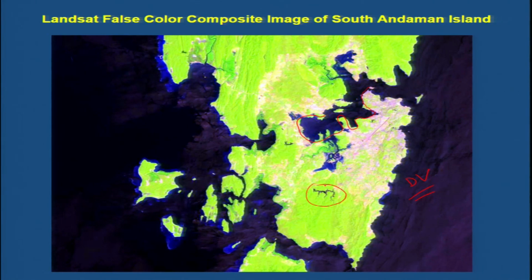Here you can see there is a stream which has formed some water body. So stream ponding is also a common feature of the islands. Here also you can see the same thing, stream ponding and tidal estuary.